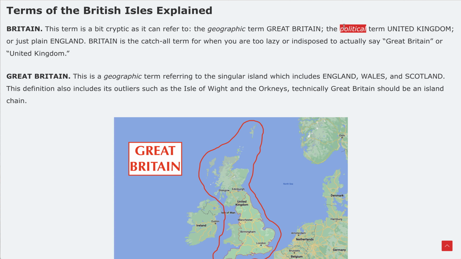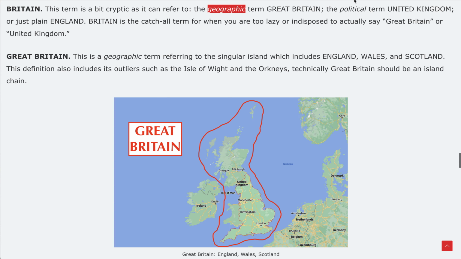Britain refers geographically to Great Britain, which you see in the map below, and the political term United Kingdom, which is a different sort of ball of wax, or just plain England. Okay, so you can use it colloquially as Britain. I'm from Britain. And Britain is the catch-all term for when you're too lazy or indisposed to actually say Great Britain or the United Kingdom.